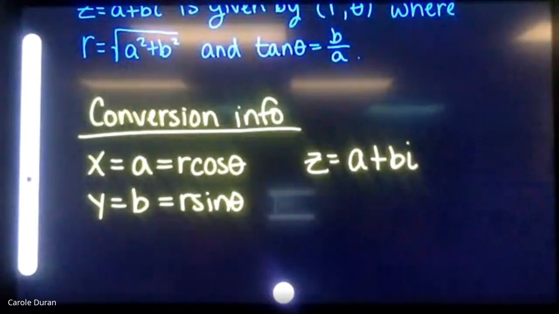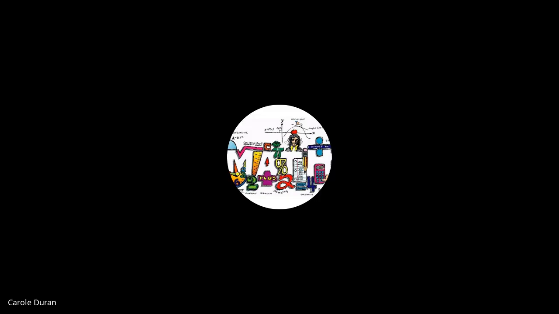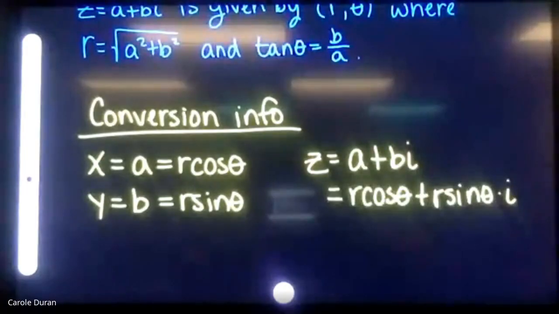So if I have a complex number, z equals a plus bi, I know a is equal to r cosine theta, and b is equal to r sine of theta. This is just rewriting it using polar coordinates instead of rectangular coordinates. And of course, we can simplify this even a little bit more.